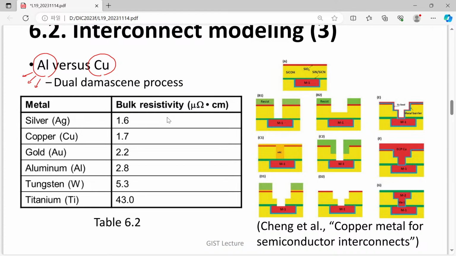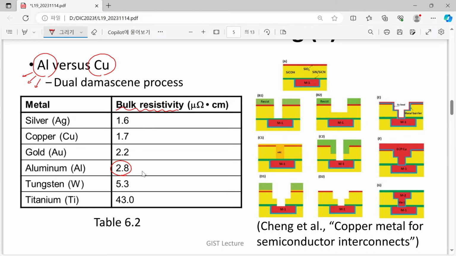I mean that not only the metal wire, but also the gate metal was made with aluminum. However, after that, they found that aluminum has a certain bulk resistivity given by this number, and maybe we can find better numbers for other materials.